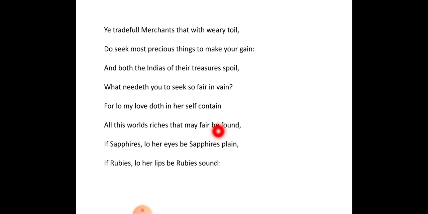For example, "if you seek sapphires, lo, her eyes be sapphires plain." These are not similes, in fact, they are comparisons. Her eyes are not as blue as sapphires, they are sapphires. Okay? He is using them as identical. Her eyes are sapphires by themselves.